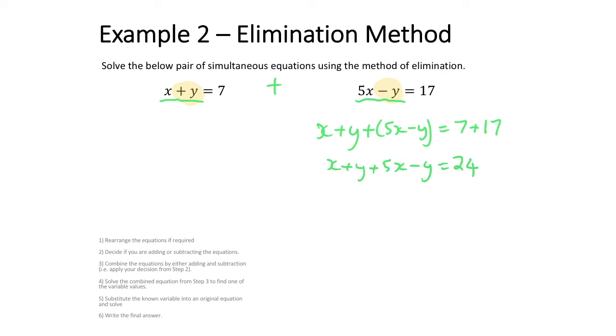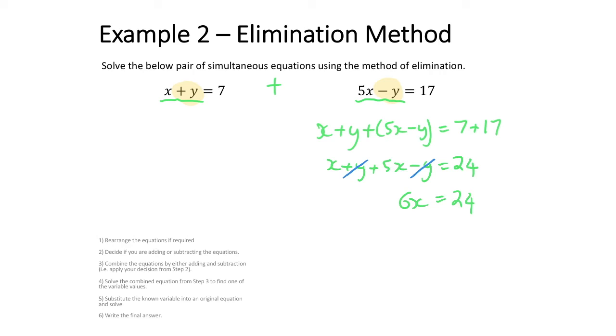So when I go ahead and simplify and collect my like terms, my plus y and my negative y are going to cancel each other out. So that will leave me with 6x is equal to 24. That is the point of being able to combine the two equations. When I combine them, I eliminate one of my variables, and that leaves me with one variable that I can then go ahead and solve.